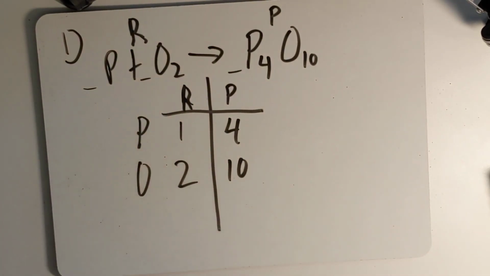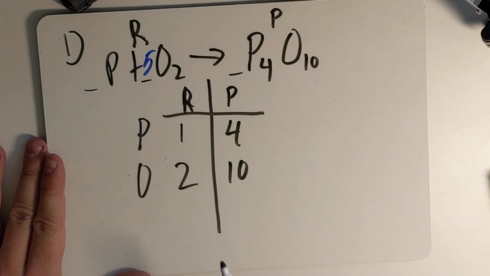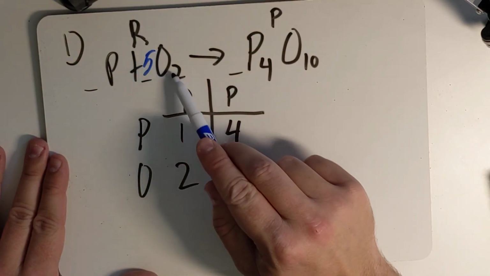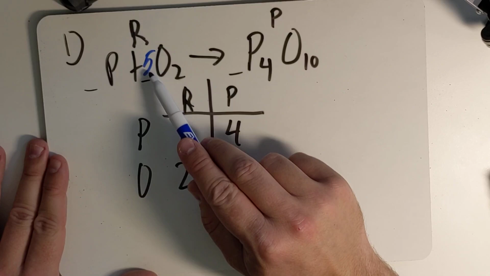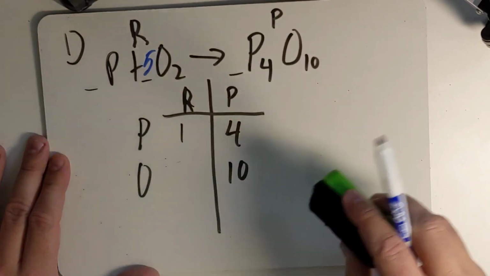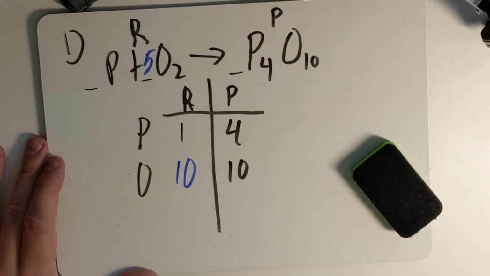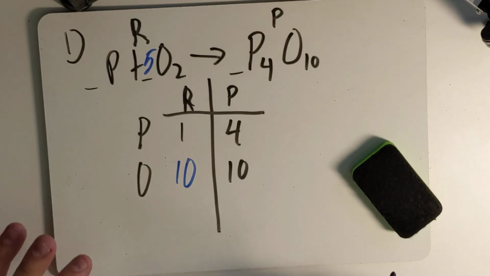I'm going to switch pens here really quick. And I'm going to put a coefficient of 5 in front of this oxygen. Now this is telling me I have 5 oxygen molecules. So it's 5 times 2 atoms of oxygen, which gives us 10. So now we're even on both sides for that. So that's good.